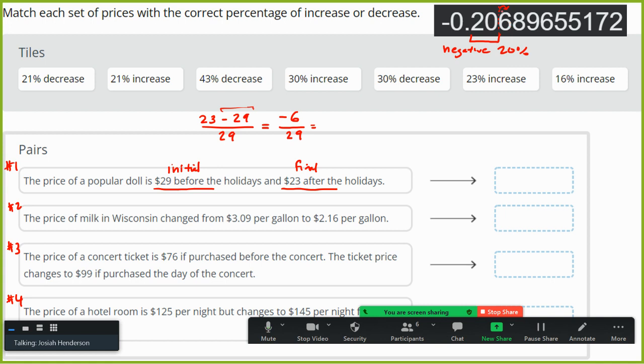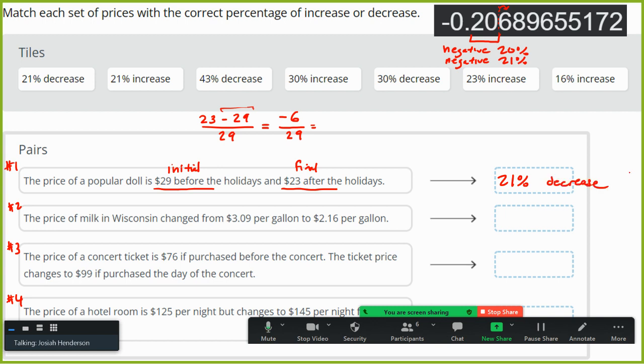So because this is 20.6%, 6 is bigger than 5, we're going to round that up to 21. So for this answer, we would say -21. Now, none of our answers say negative, right? It's either decrease or increase. So because it's going down, -21%, this is a 21% decrease.